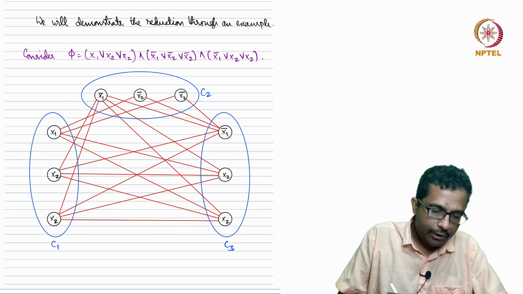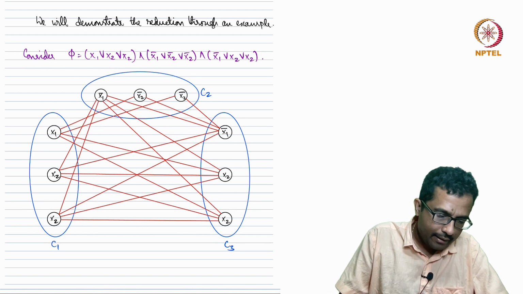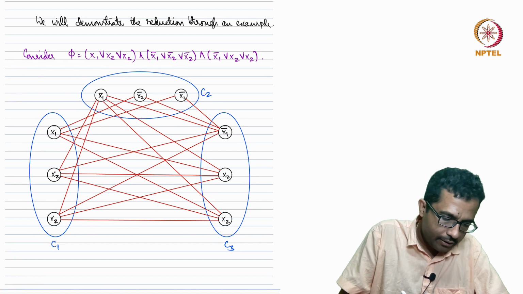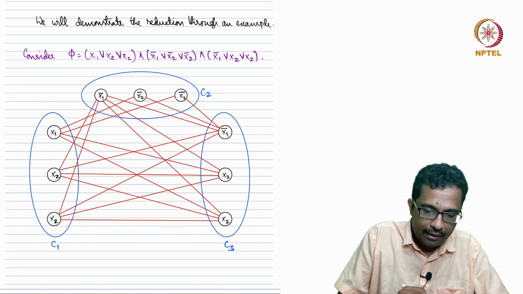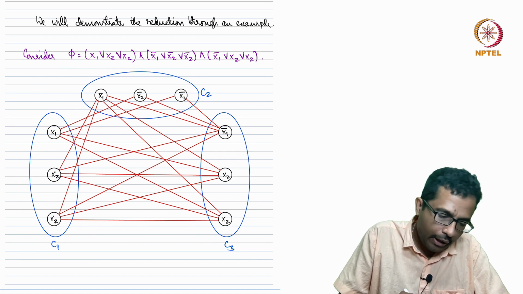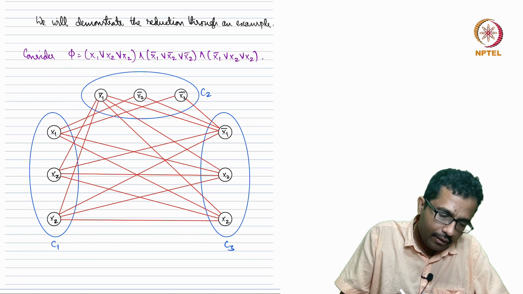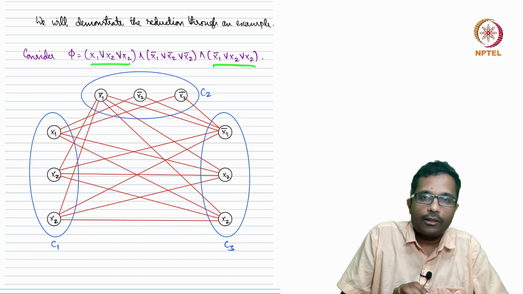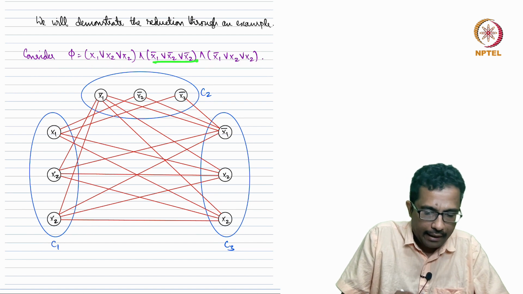By making x1 true, you can make the first clause satisfied, but you have to make x2 true to make the first and third clause satisfied, and you can make x1 false.